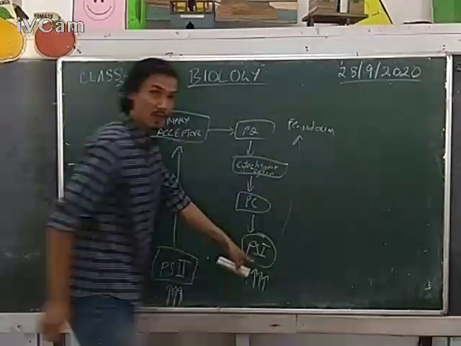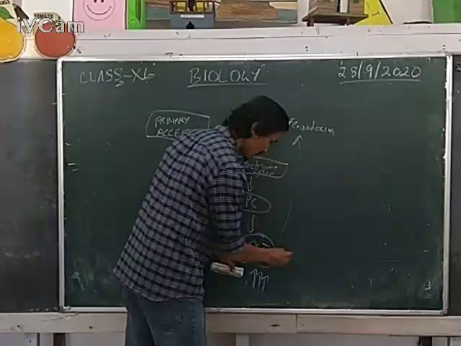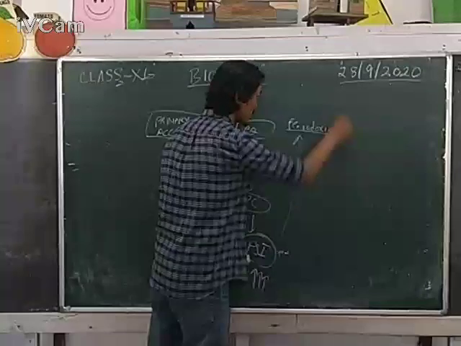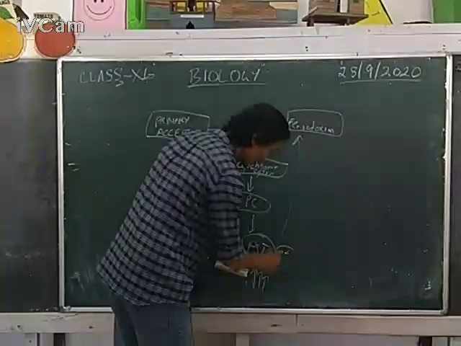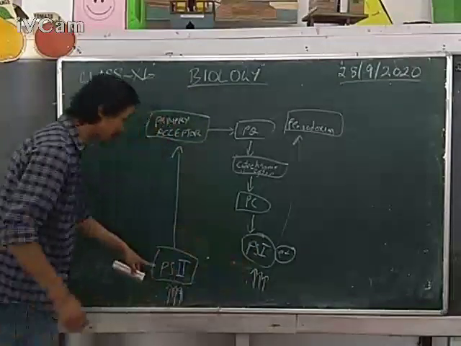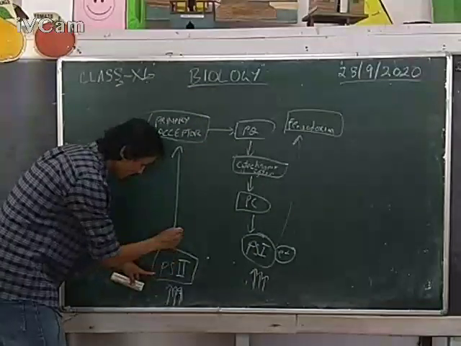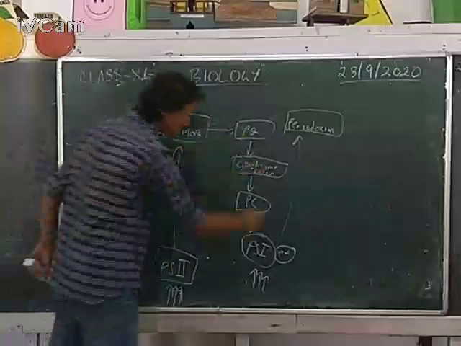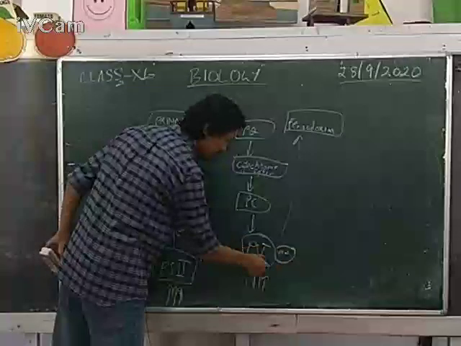When light falls on PS1, it loses an electron. This electron reaches ferredoxin, so an electron hole is created in PS1. Now this electron hole is filled by the electron lost from PS2. This electron moves through a series of reactions and reaches PS1.